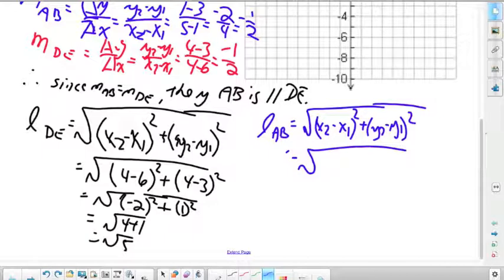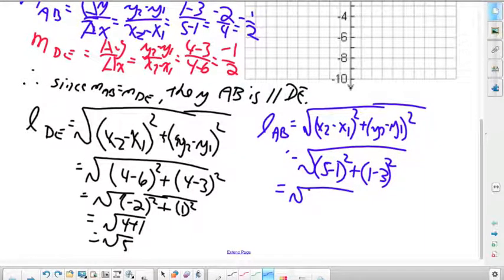So what are my x coordinates for A and B? 5 minus 1, thank you. And the y? 1 minus 3. So that's the square root of 4 squared plus 2 squared. That's the square root of 16 plus 4, which is the square root of 20.